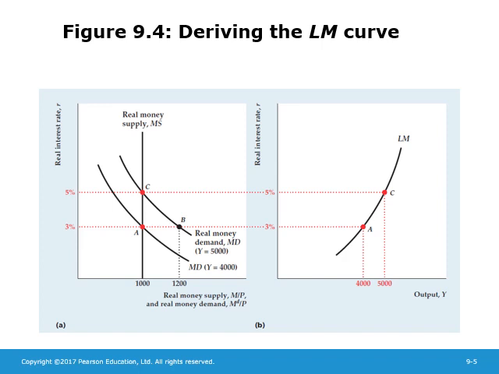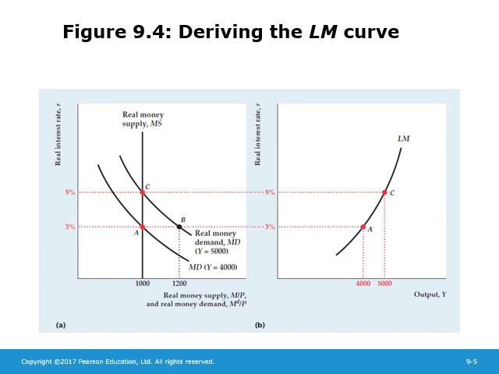Now that we have a higher Y of 5000, the implication of this is to shift the real money demand curve so that the equilibrium is now at point C. When Y increased from 4000 to 5000, the real money demand curve shifts because people will do more transactions, as we said, so this increases real money demand. So now the point of equilibrium in the asset market is point C.